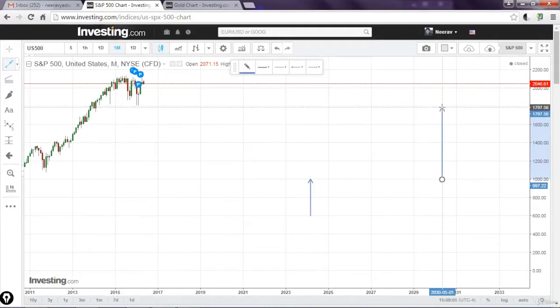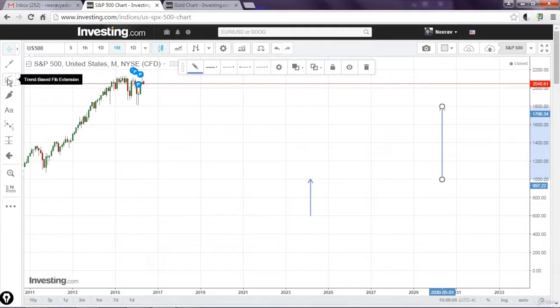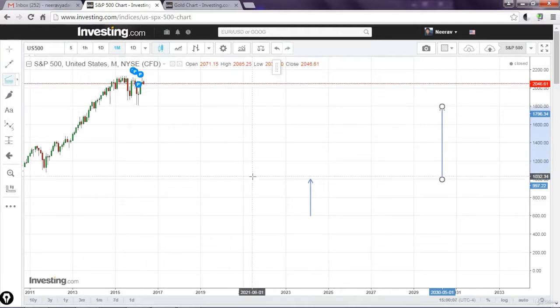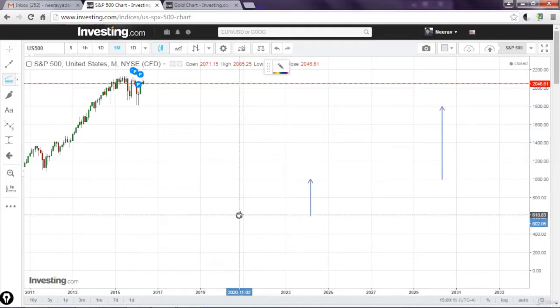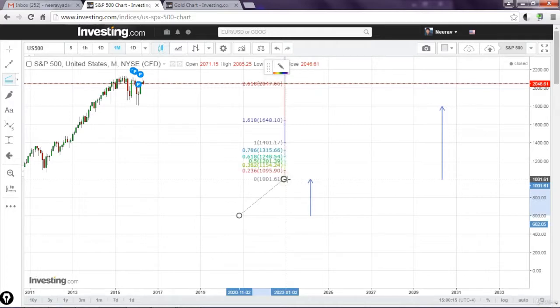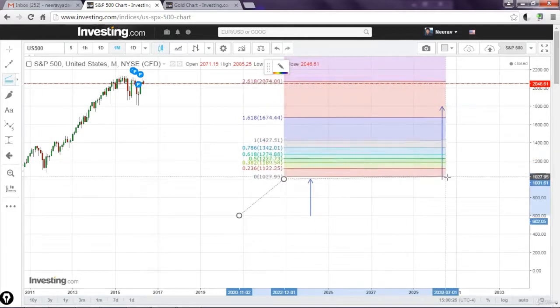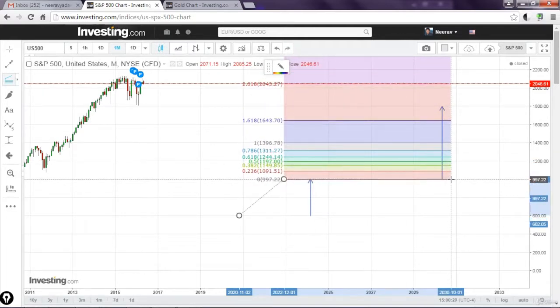So what this Fib based extension tool is helping us do is first calculate the length of wave 1. See, I have placed it on the starting point of wave 1, then I have placed it on the ending point of wave 1. Now it has calculated the length of wave 1, multiplied this length by the Fibonacci ratios, and now we will project this length or the Fibonacci ratios from the starting point of wave 3.